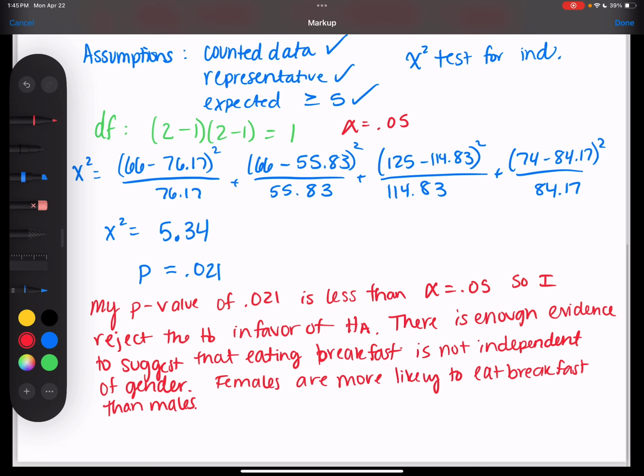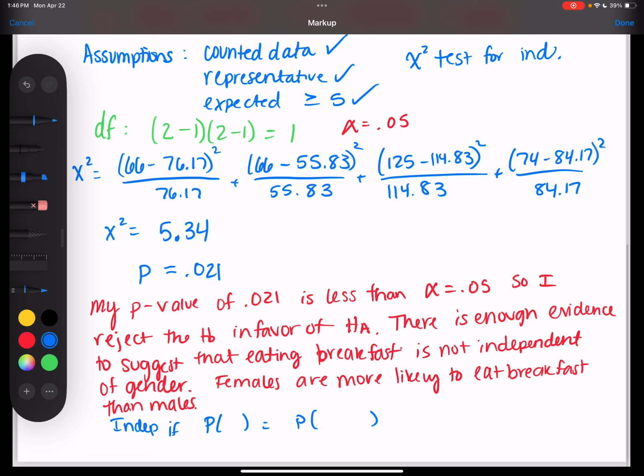Does anybody remember how to find independence from way back when? Like P of A is equal to P of B, it's independent.